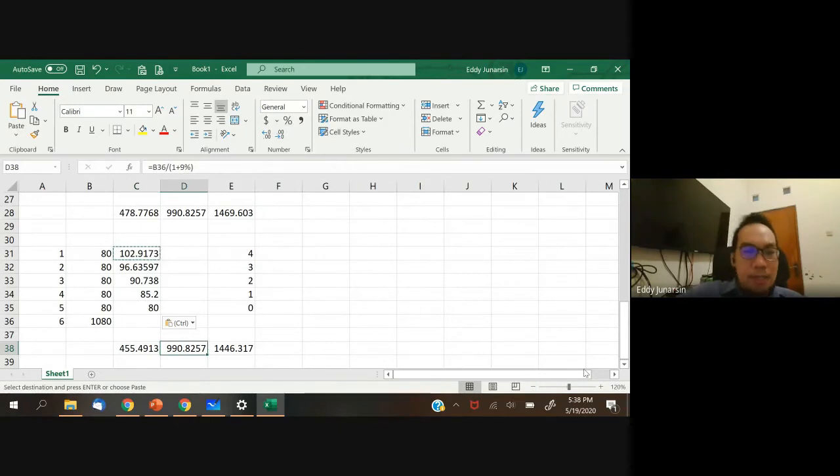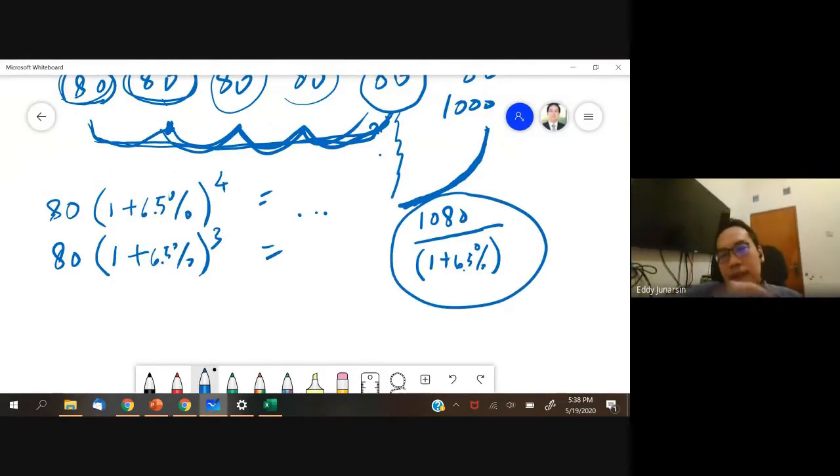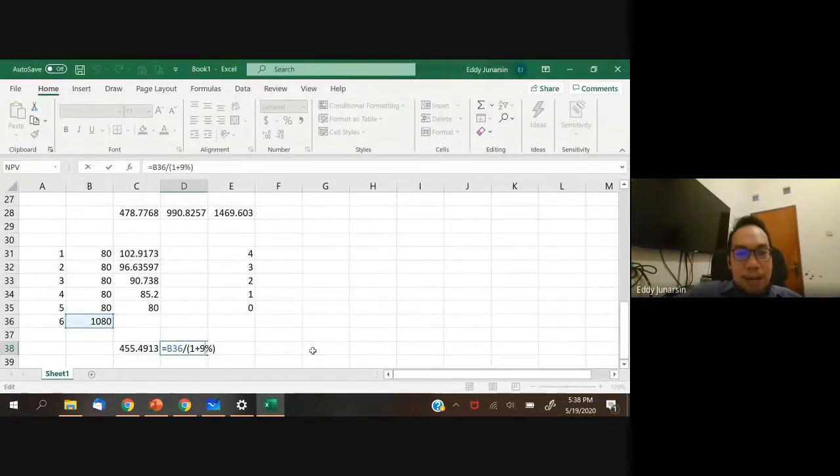But what about the selling of the bond at the end of year 5 here? You sell the bond at the end of year 5. Actually, you still have 1 year to go. So what is the present value of 1080, discounted back at 6.5%? 1080 divided by 1 plus 6.5% to the power of 1, from year 6 to year 5.